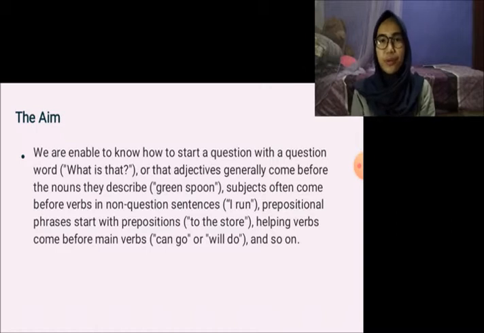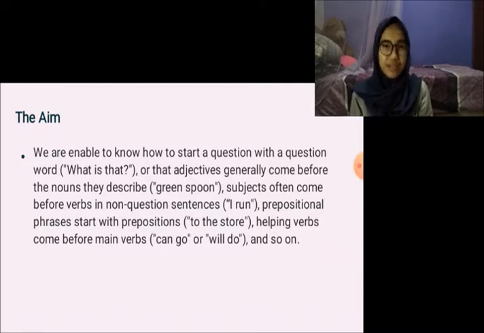Now, what is the aim of learning syntax? By learning syntax, we are enabled to know how to start a question with a question word, like "What is this? What is that?"